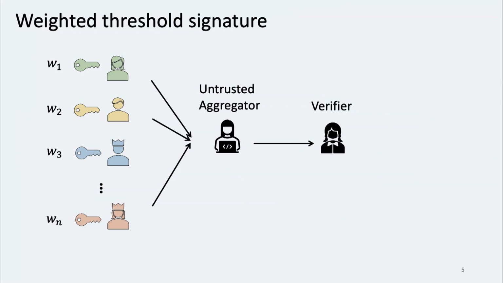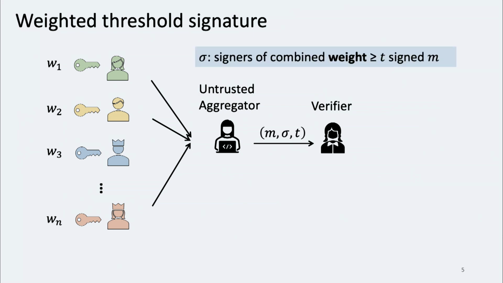We'll assign a weight for each signer. And again, they will send their partial signatures to the aggregator and produce a final weighted threshold signature. This time, a valid signature vouches that signers with a combined weight at least t have signed the message.